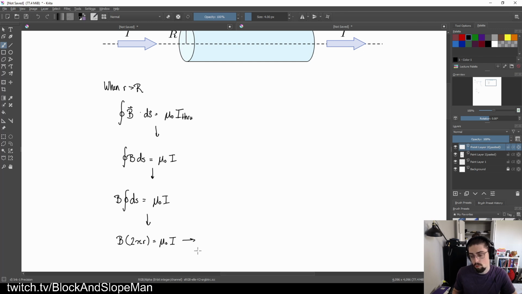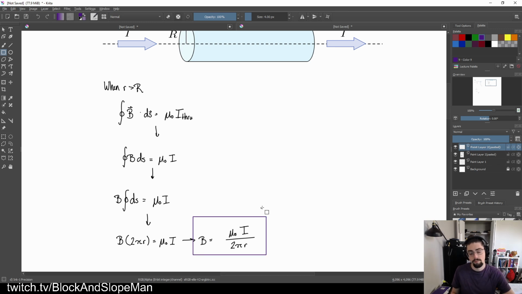Solve this thing out, we find the exact answer that we expected to find from the very beginning: mu naught I over 2 pi r. There's our first answer, and that should be no surprise at all. It's what we've already calculated out.